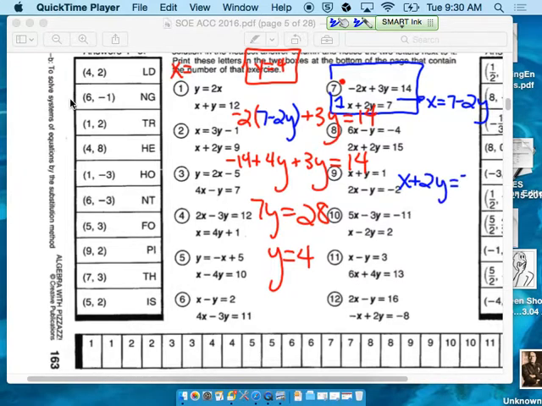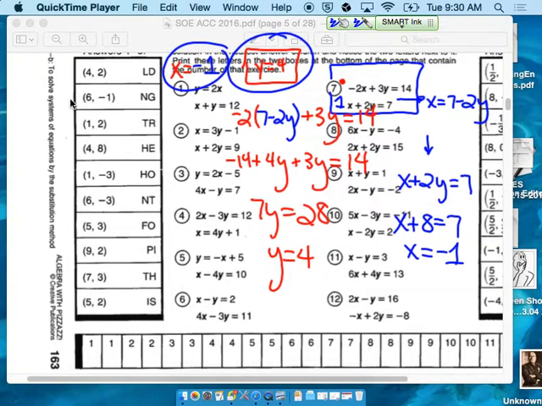And you can choose either one. So I'm only using this just to find the x value. If I let y become 4, then I have x plus 8 equals 7. Therefore, x is -1. So the solution for the set of equations in number 7 is the ordered pair: x is -1, y is +4.